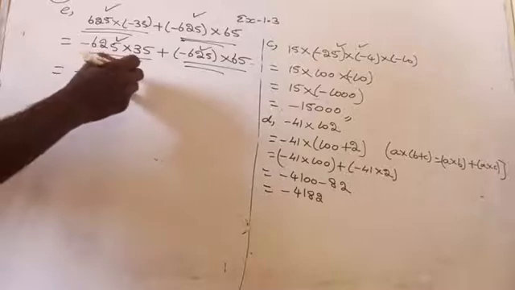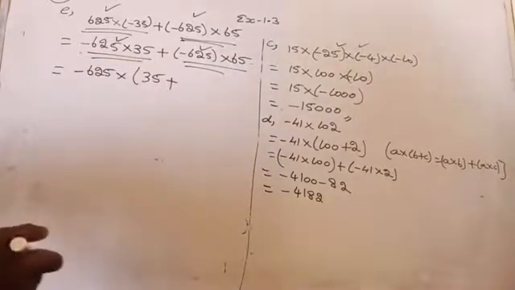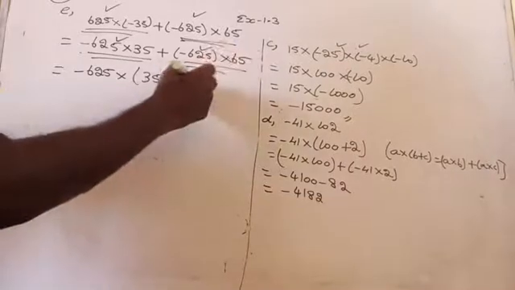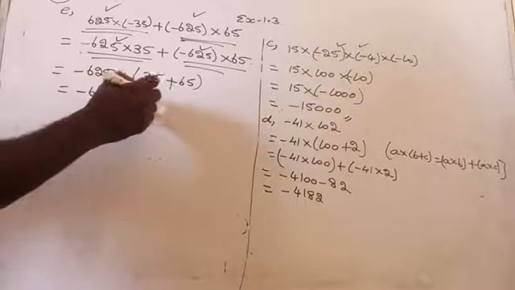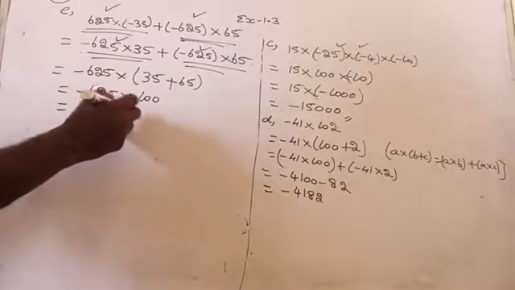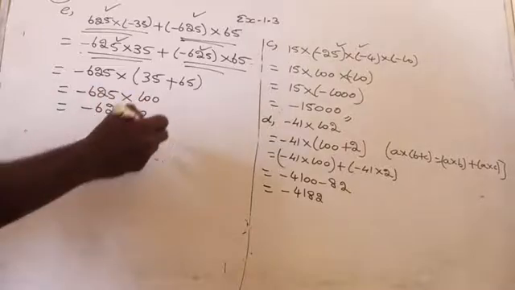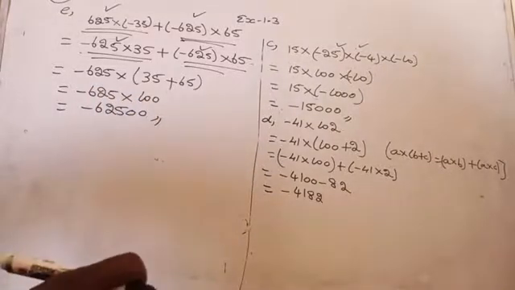In the first term 35 is left out, in the second term 65 is left out. So minus 625 into 35 plus 65, which is 100. So minus 625 into 100 is minus 62,500. Am I right?